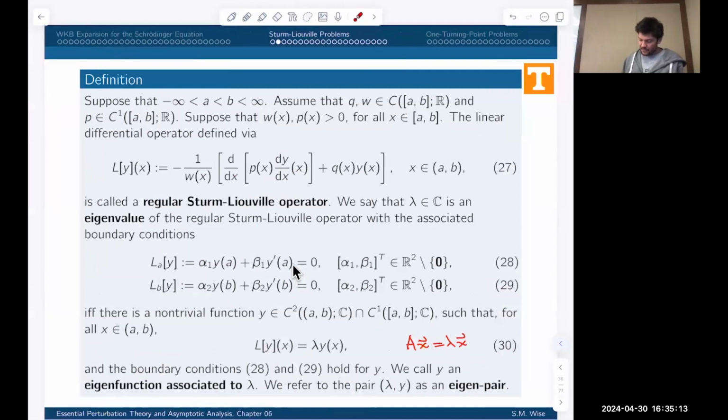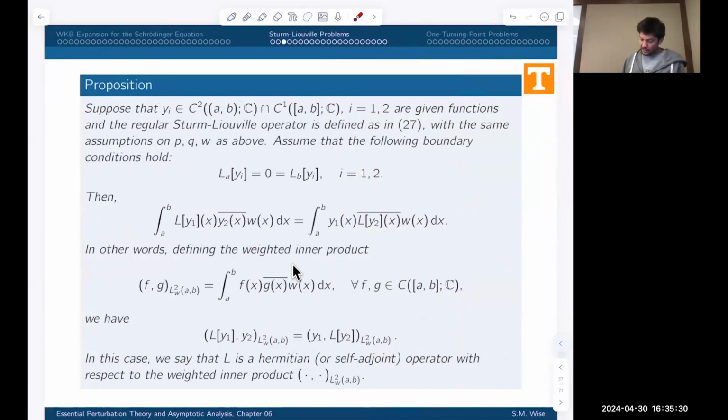In fact, these are the most generic versions of the boundary conditions that I could possibly give. The most standard ones, as I said, are maybe when I set this equal to 1 and this is 0, 1 and 0. So that's the homogeneous Dirichlet boundary conditions. In any case, we're still considering the very generic ones.